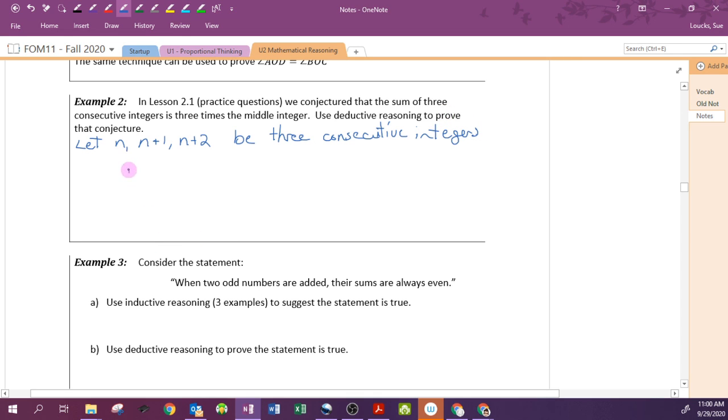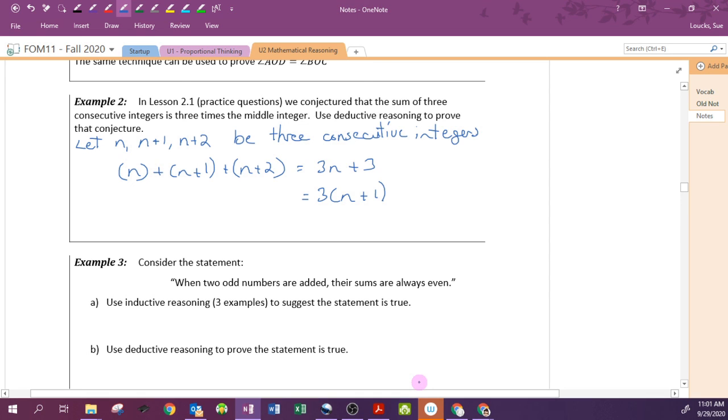Okay, so if I add them up, I have n plus n plus 1 plus n plus 2. And if I add those up, I get 3n plus 3, right? And then I can write that as 3 times n plus 1, right?